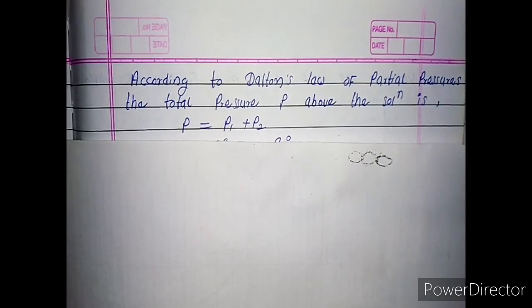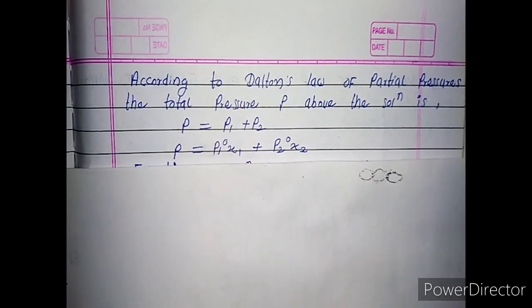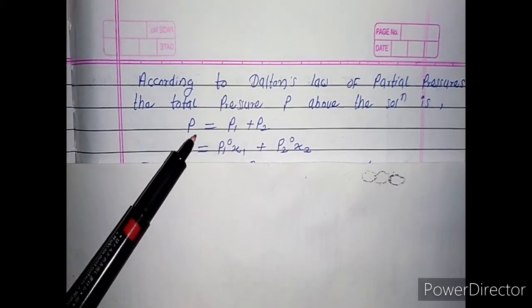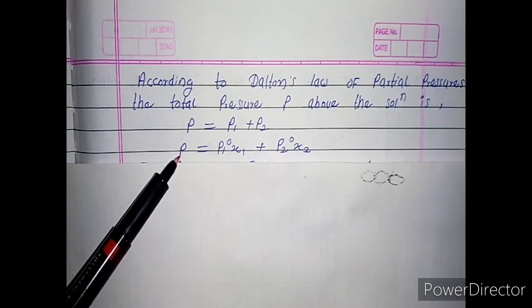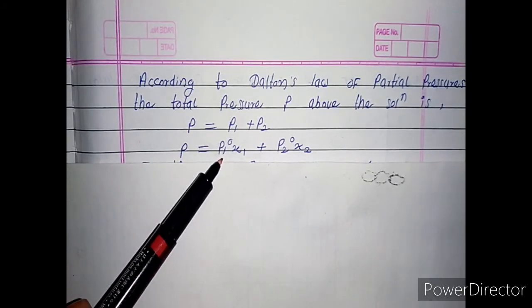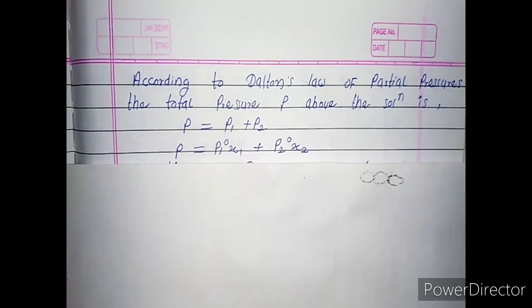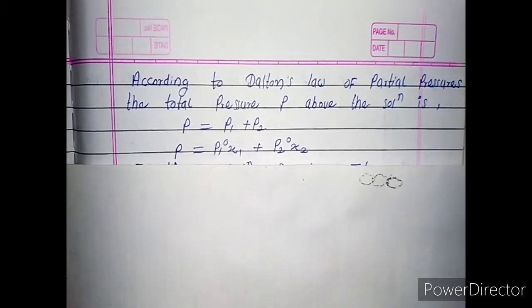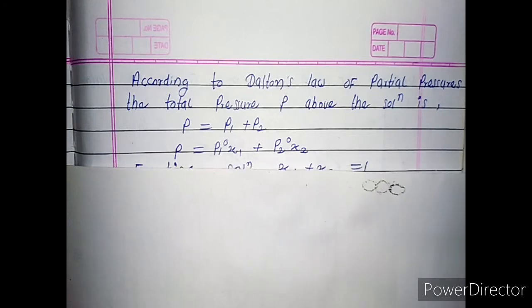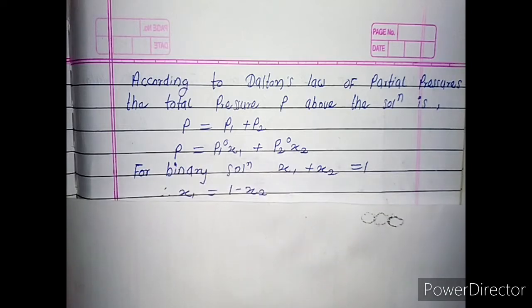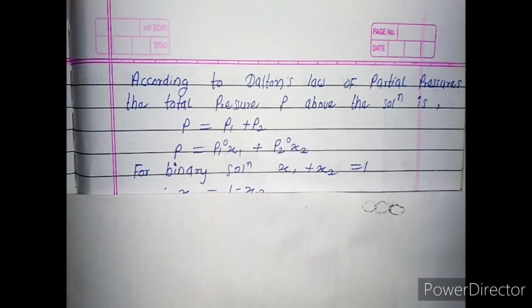Now we have seen in Raoult's law the expressions for p1 and p2. Now we put those values here. The equation becomes: total pressure P is equal to p1° X1 plus p2° X2. We got this value from Raoult's law. Friends, as I said, this discussion is for a binary solution, that is, a two-component solution. For a binary solution, the mole fractions X1 plus X2 are always equal to 1.